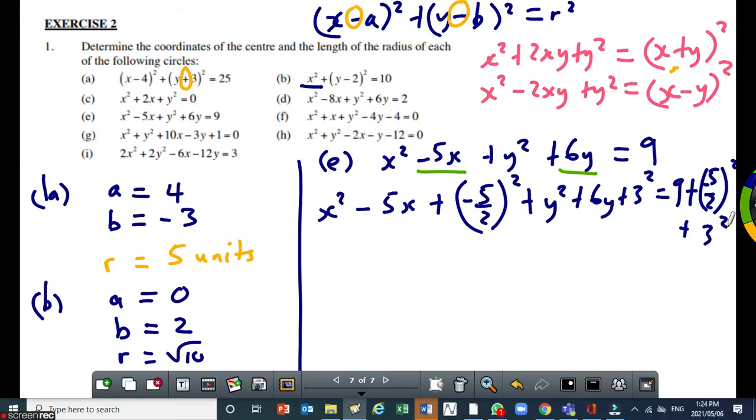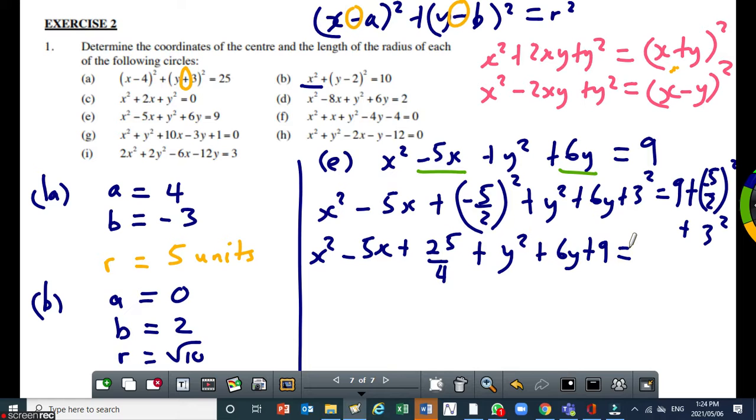Now, we are going to create here a perfect square trinomial. So it becomes x² - 5x + 25/4, plus y² + 6y + 9. This is equal to, on the right, 9 + 25/4 + 9.